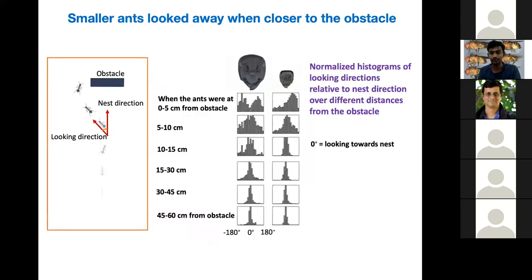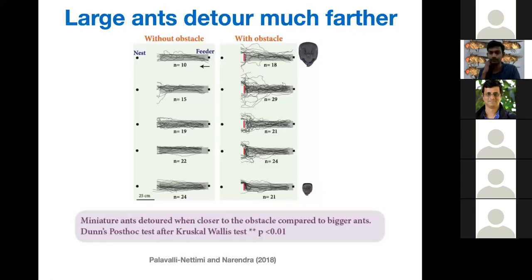And have you done a non-dimensionalization of this? Yes, I have a plot, but I didn't actually put that. I plotted the distance from the obstacle at which they start detouring for all these ants, and we do find a clear pattern of larger ants detouring quite earlier. What I meant was non-dimensionalizing with respect to, say, the stride length.